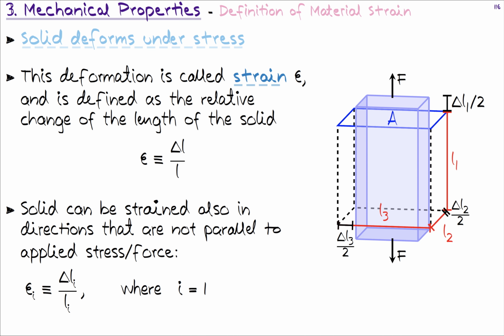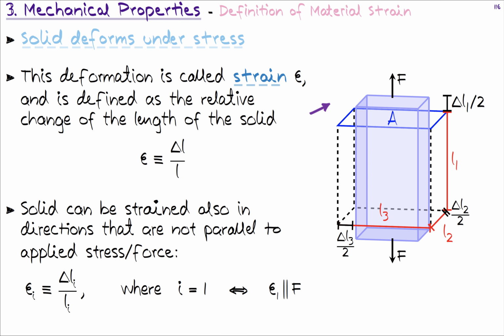And here, terminology goes such a way that when we have the index i equal to 1, the strain has a sub-label of 1, and this is the strain that is parallel to the direction of the applied force. And then we have epsilon 2 and epsilon 3, the so-called transverse strains, where the strain is not along the force.